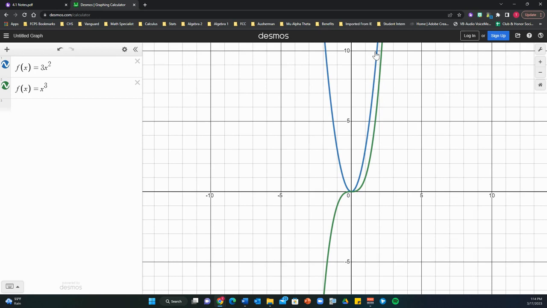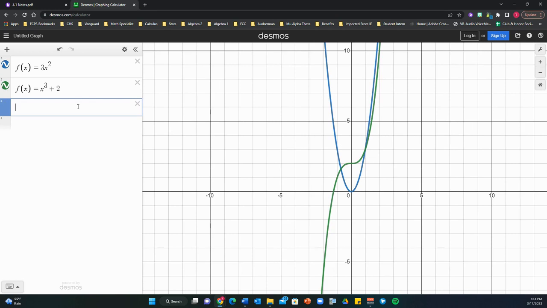So if all I do is add a constant to that green graph's function, all it did was shift that graph up 2 units. It did not impact the slope whatsoever, because I didn't just add 2 to some of the y values to change the spacing, I added it to all of the old y values.